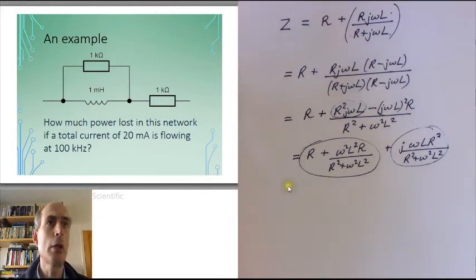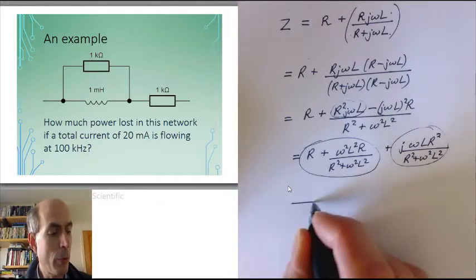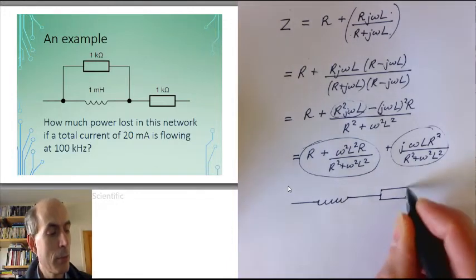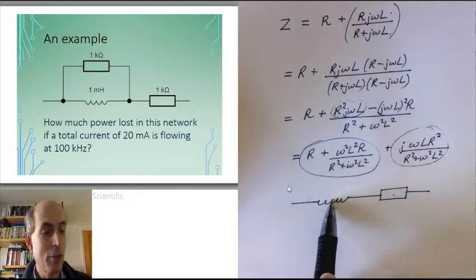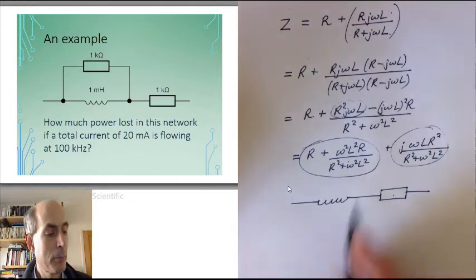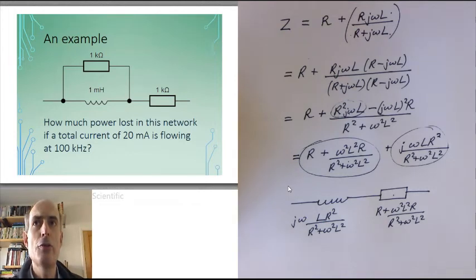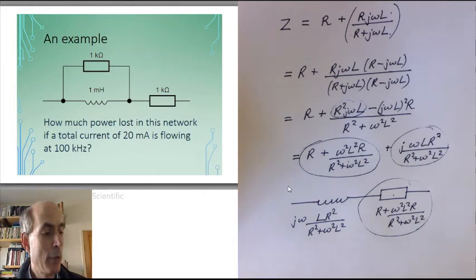If we know the total current flowing through our passive network, and we know that we can represent our network as an inductance and a resistance, where the resistance has this value, and the inductance has an equivalent value given by L R squared over R squared plus omega squared L squared, then I know that all of the energy being lost to the circuit is being lost in this component here. I know the current flowing through it. I know the value of the resistance.